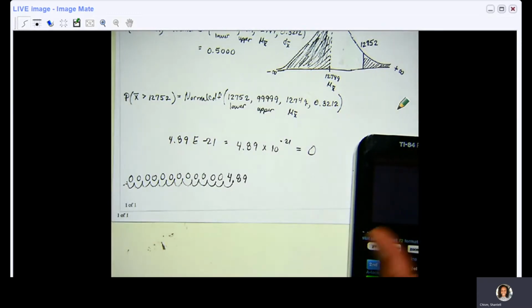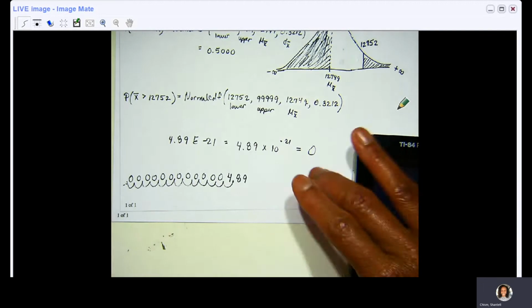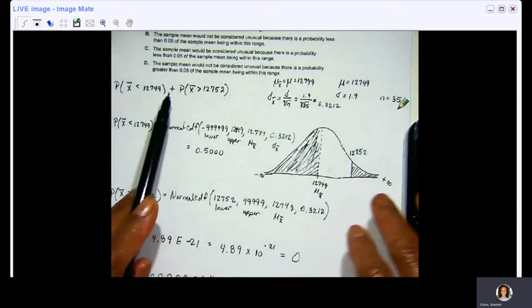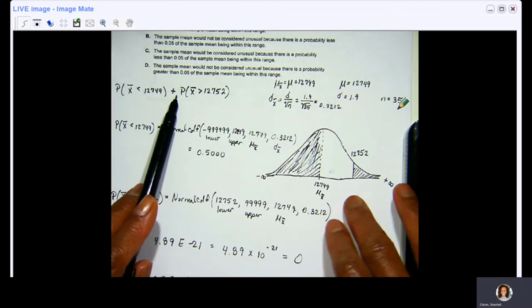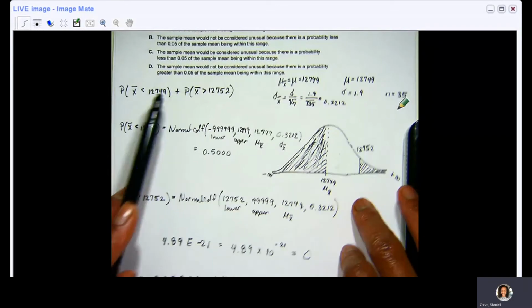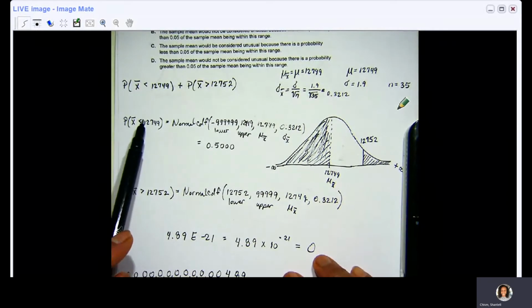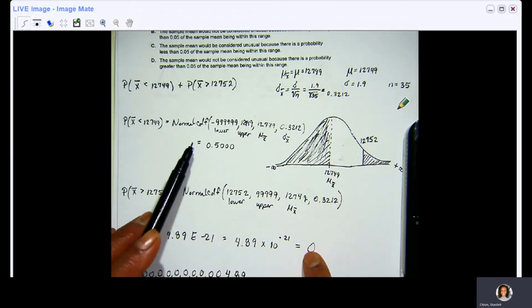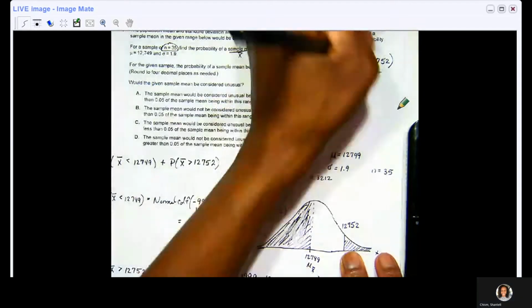So when you add the two together, you get 0.5 and 0. Your answer is just 0.5. Because remember, the word or in probability translates to addition. So you would be finding this probability or this probability and adding them together. Since this probability was 0, the answer is just 0.5.